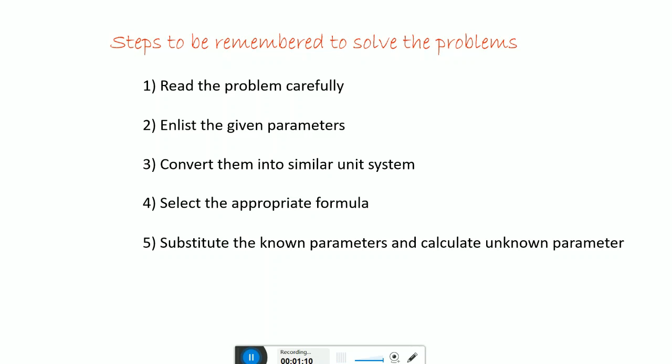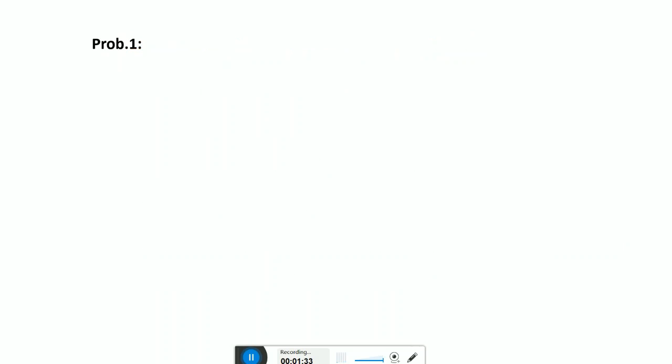Substitute the known parameters or given parameters and calculate unknown parameter. And last one is write the final result with proper unit. So remember these steps when we solve the problems.